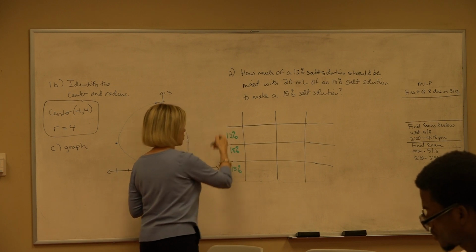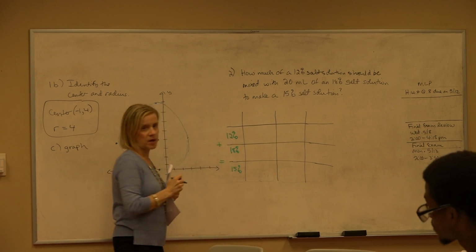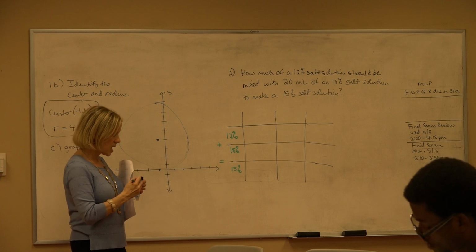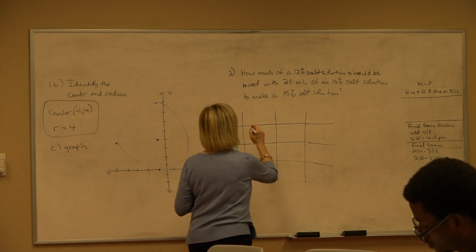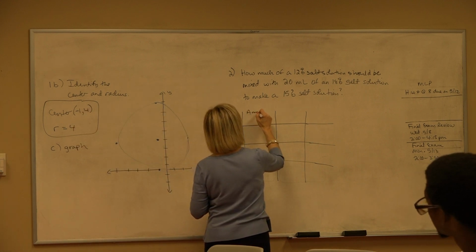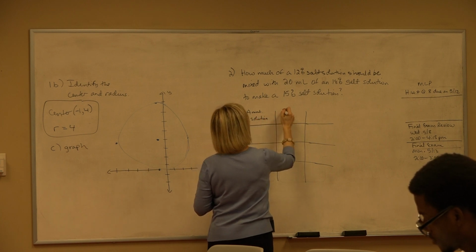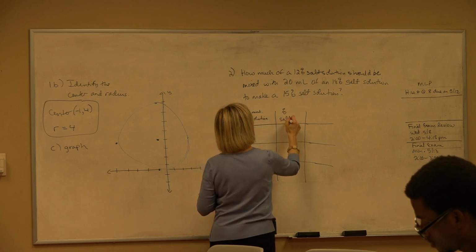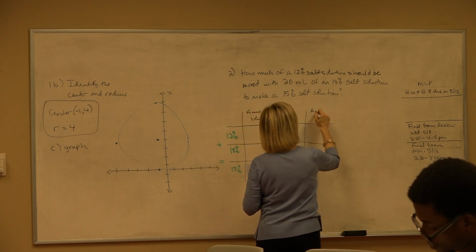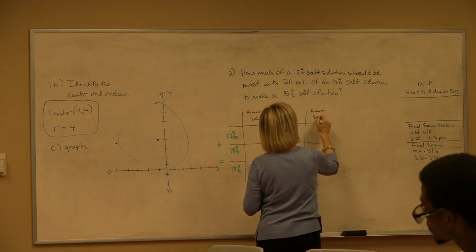And so you're going to add vertically going this way. Across the top, we want to put our headings: amount of solution, percent salt or percent saline, and then amount of salt or saline.